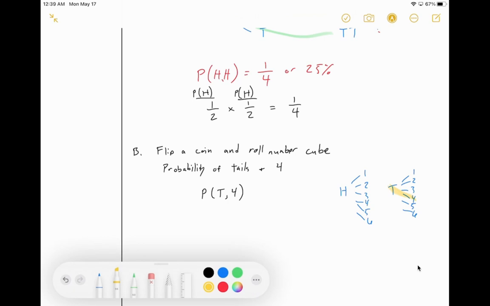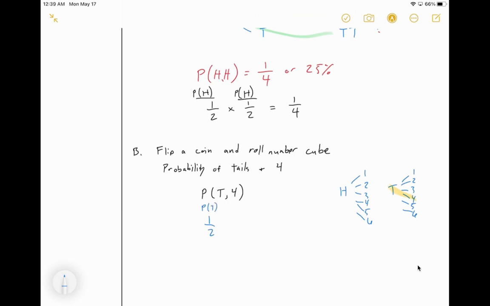So if you think about it, what's the probability of getting tails? The probability of getting tails is 1/2. And the probability of getting a 4 is 1 out of however many numbers are on a number cube. There are 6 numbers, so there's only one 4.